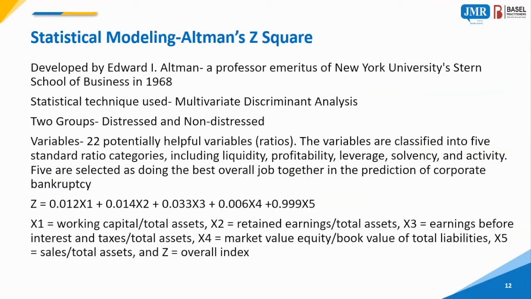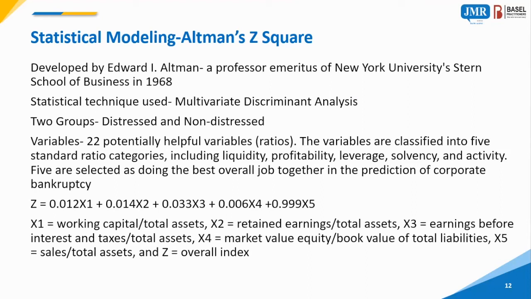Then we have a very famous statistical model. This is the credit scoring, or the credit probability of default in some sense, but it is a vertically credit scoring model, and it was done for corporates in 1968 by a Stanford professor, assistant professor Altman. It's called Z-score. It uses a statistical technique called multivariate discriminant analysis.